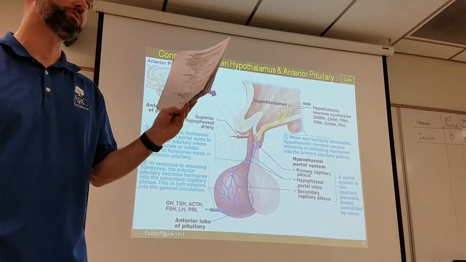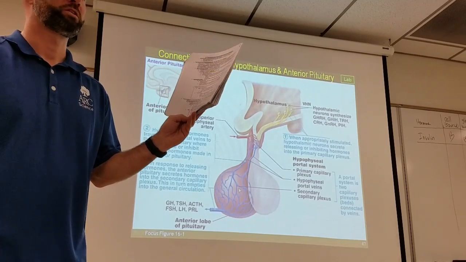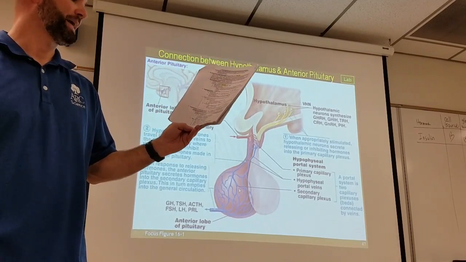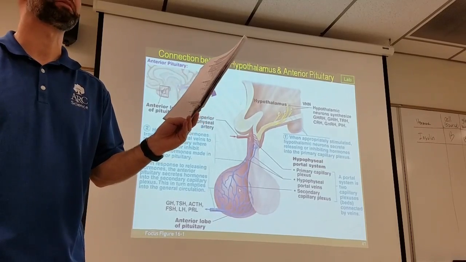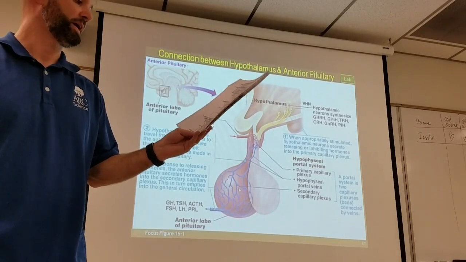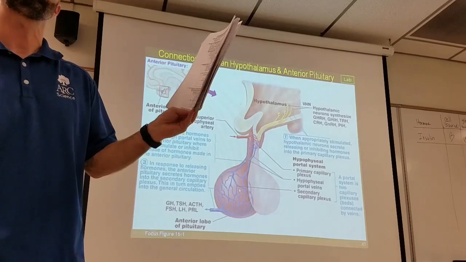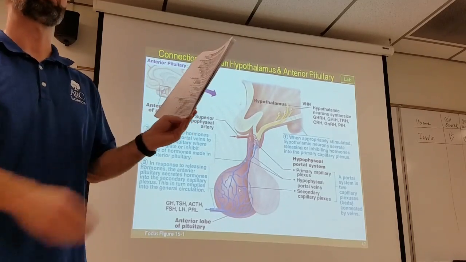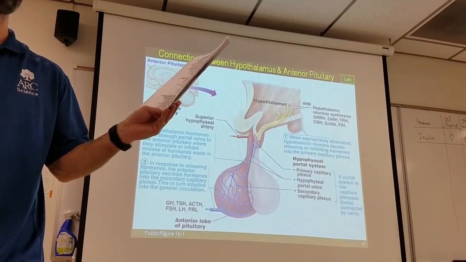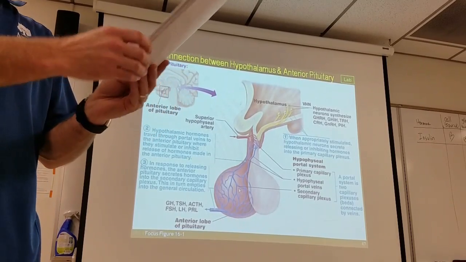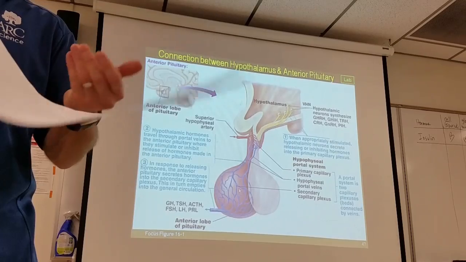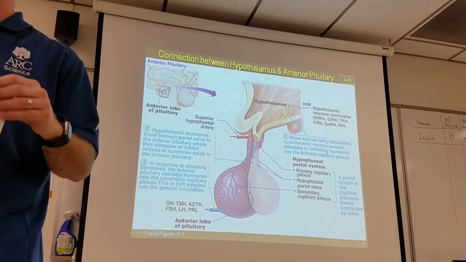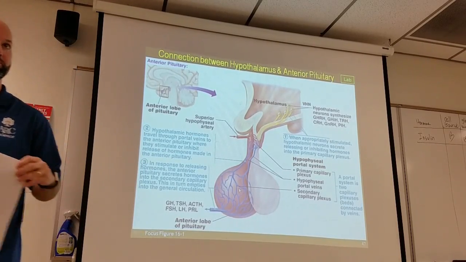TSH is also called thyrotropin, ACTH, corticotropin, LH and FSH together as a group are the gonadotropins. Growth hormone, somatotropin, prolactin, mammotropin or lactotropin.